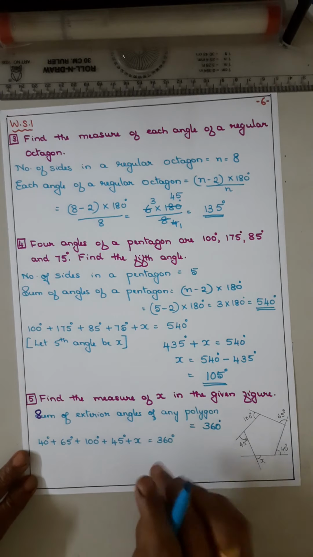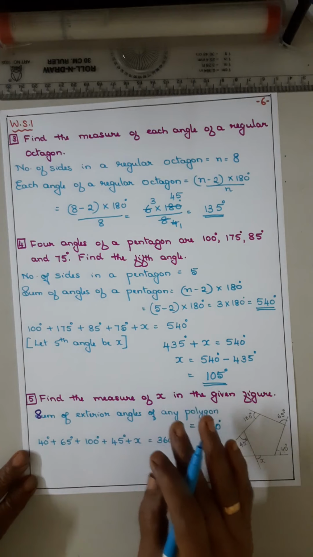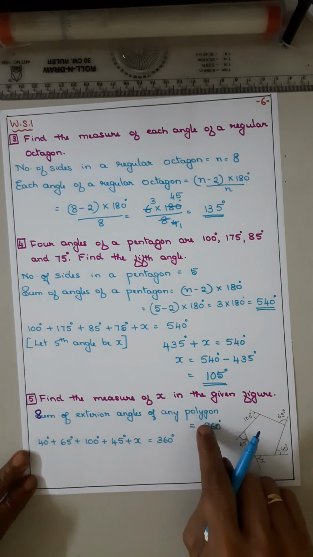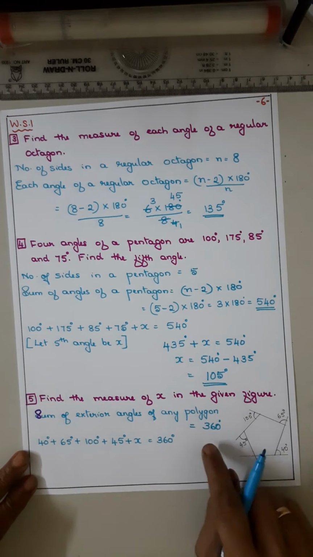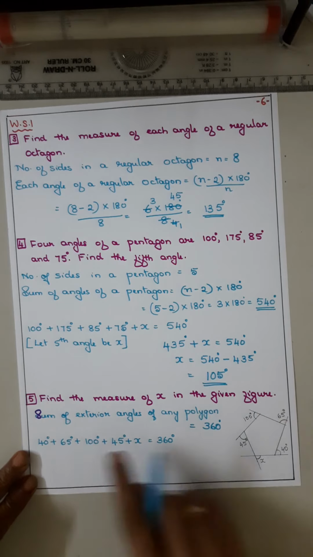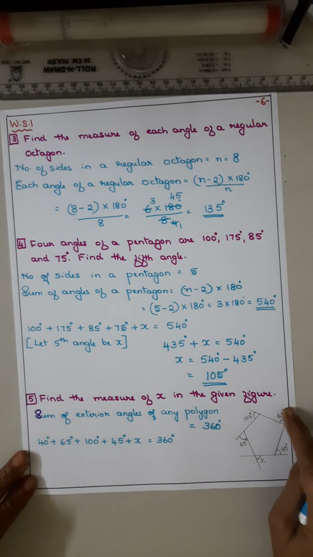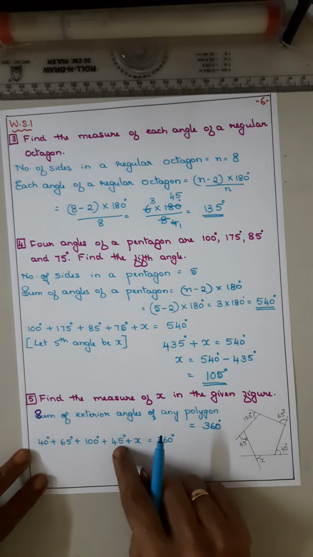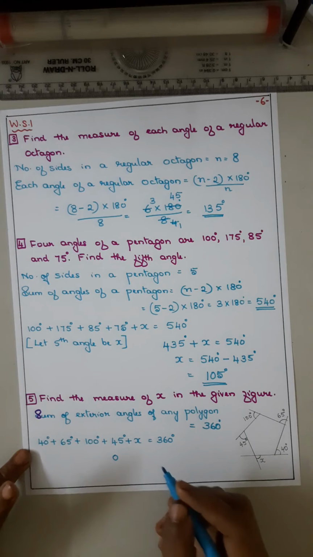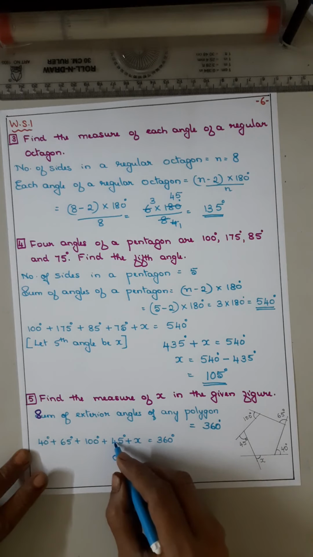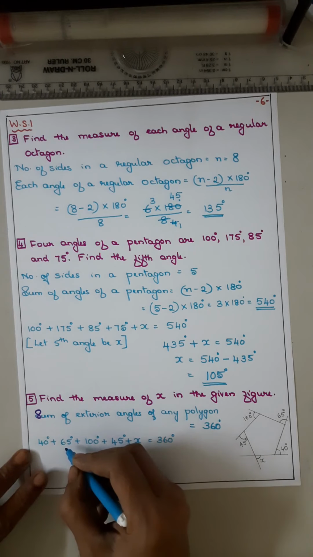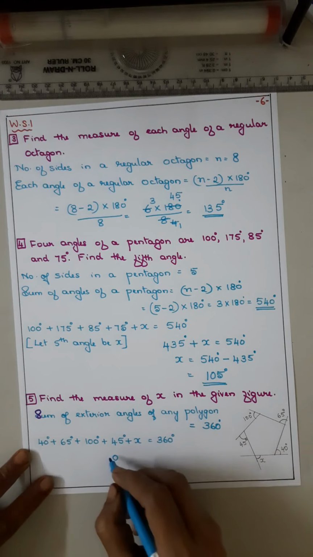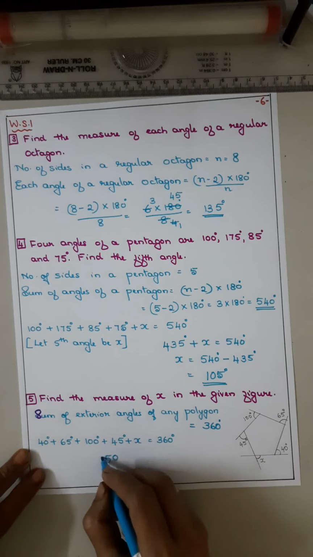So you have learnt in the examples and all. Sum of the exterior angles of any polygon, how much will it be? 360. Now you add 40 plus 65 plus 100 plus 45 plus x, which should be 360. Now you add 5 plus 5, 10. 1 plus 4, 5. 6 plus 4, 10. 14, 15. 1 plus 1 is 2.